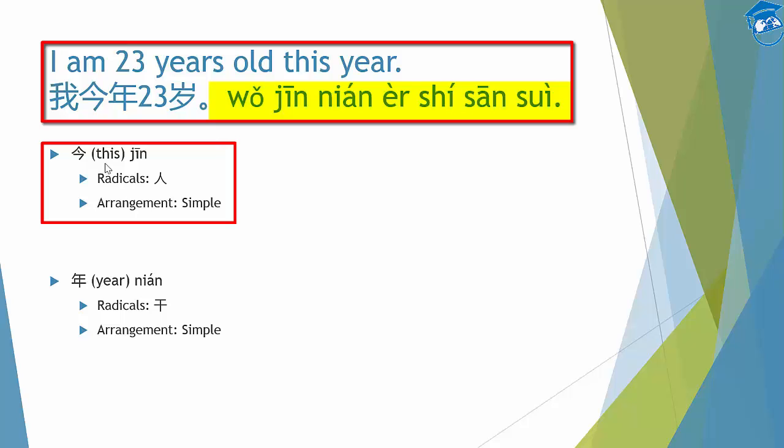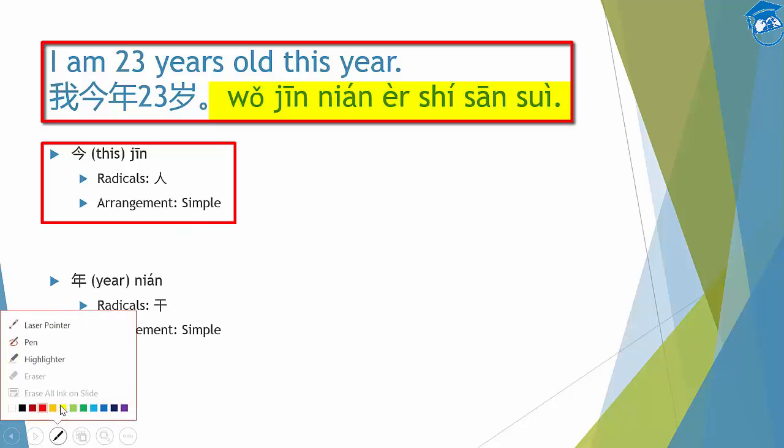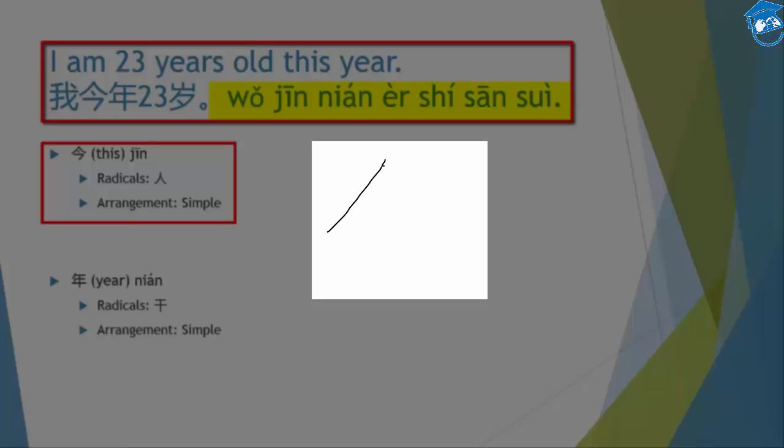In normal usage it is 这, which you should know very well already. This is the pinyin, the radical is what's on top there, and the arrangement is simple. Here's how to write 今: 1 2 3 4, 4 strokes.